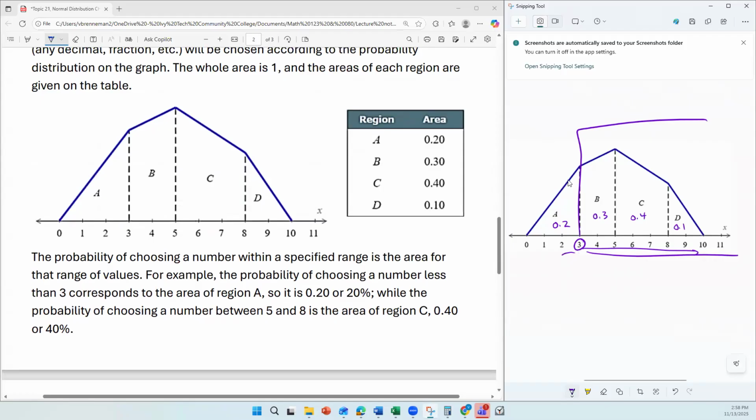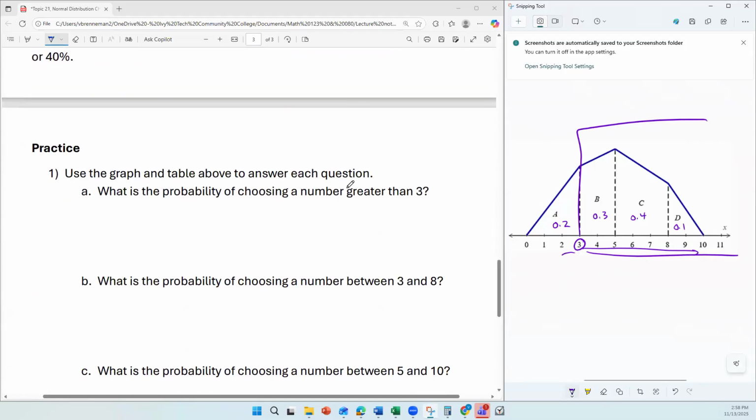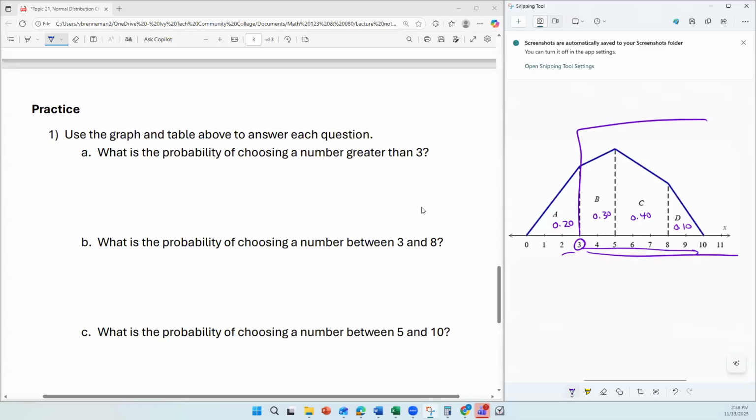These all add up to 1. They're representing percentages of the whole area, or the whole area is 1. Zeros don't really need to be there, but they were there on the chart. So greater than 3. So that would be regions B, C, and D. So add those up. And that is 0.8.